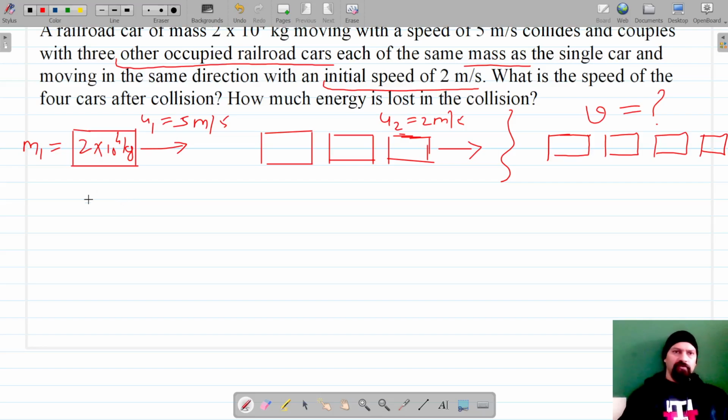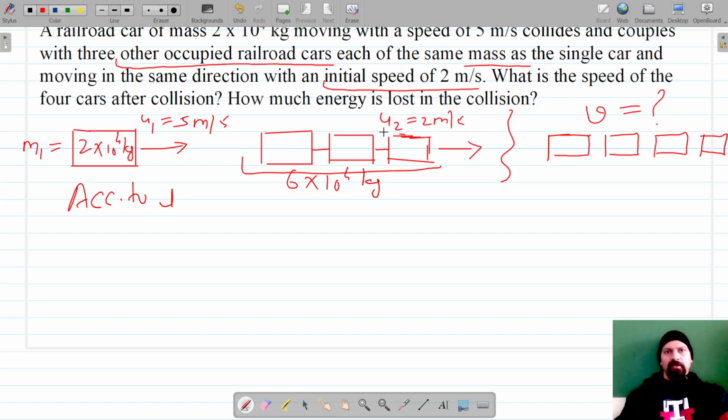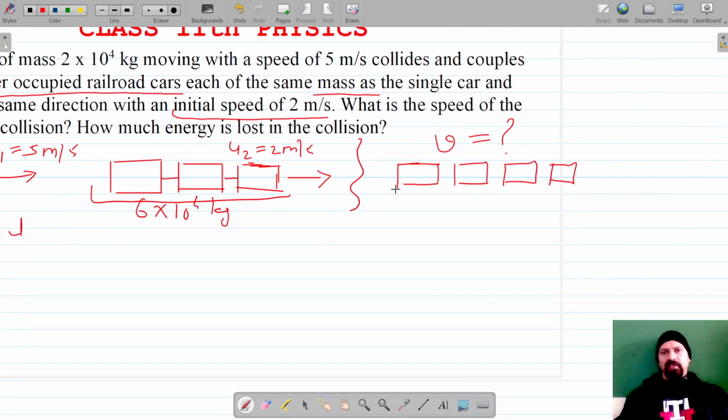So let's use the law of conservation of momentum. For each of these cars the mass is 2 × 10^4 kg. So these are three cars, so the total mass before the collision of three cars would be 6 × 10^4 kg, which is 2 × 10^4 multiplied by 3, and after the collision their mass would be 8 × 10^4 kg.